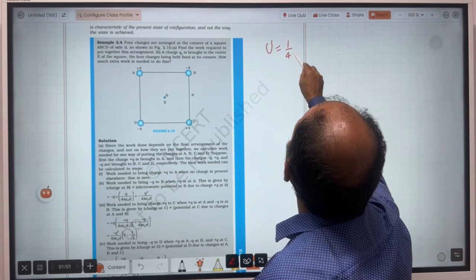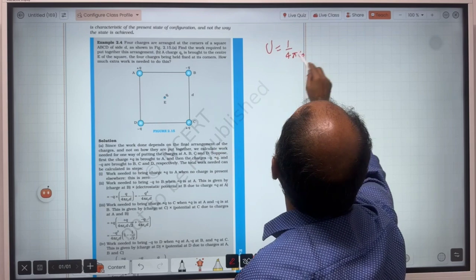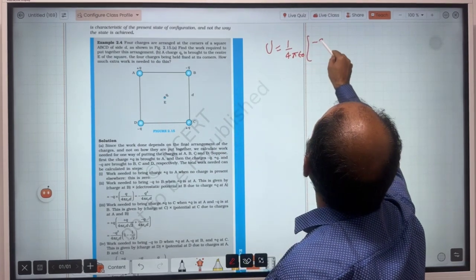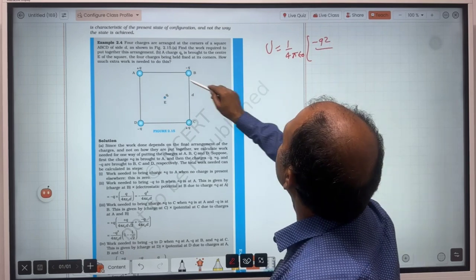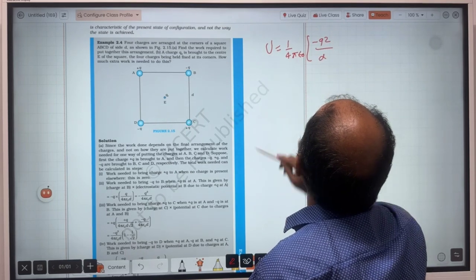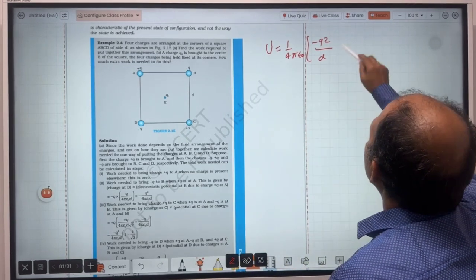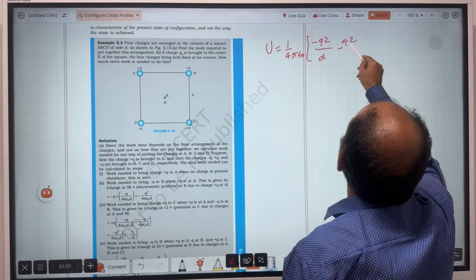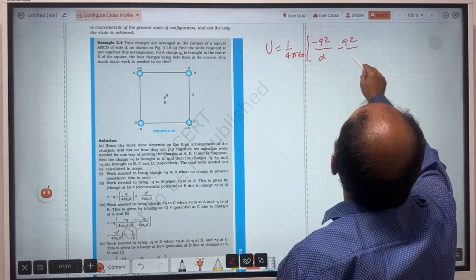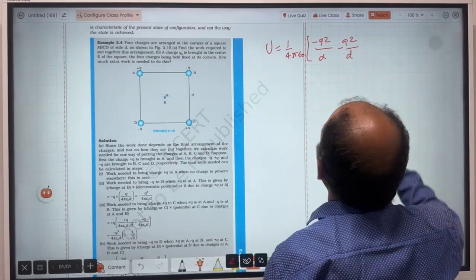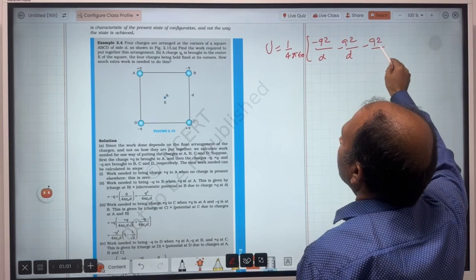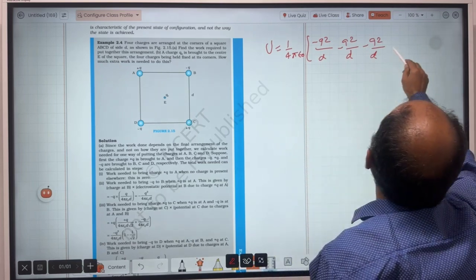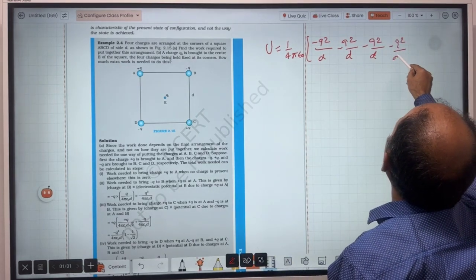So 1 upon 4 pi epsilon naught you can take common, and then you write minus q square divided by separation D. Then the interaction of these two will again give minus q square divided by D. Then the interaction between these two will also be minus q square divided by D. Then the interaction between these two is minus q square divided by D.